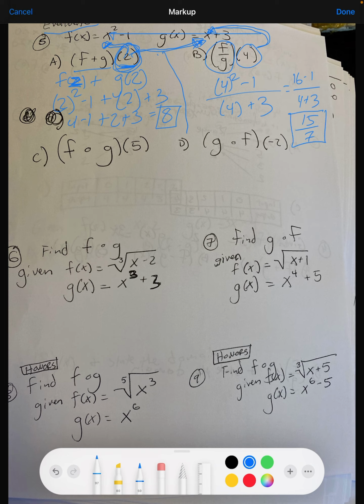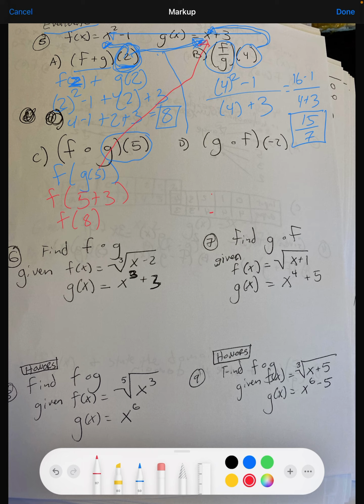Now C is a little bit different. F of g of 5. That means we're going to plug in g of 5 as my input. So 5 is going to plug into the function g, so that's going to be 5 plus 3, which gives me f of 8.